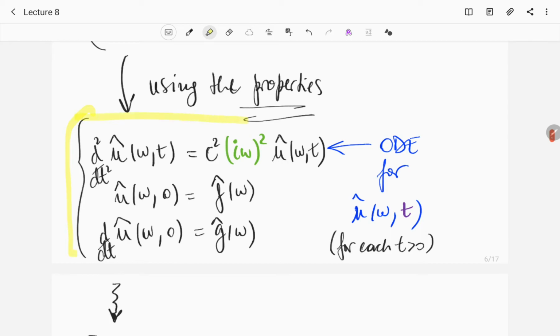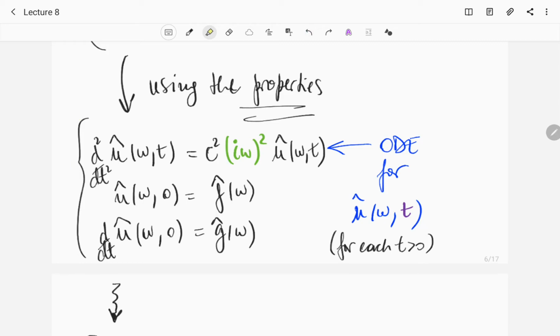So this is our new problem, which is an ODE for this function, where now the variable is t. This function is the Fourier transform of u in omega t.